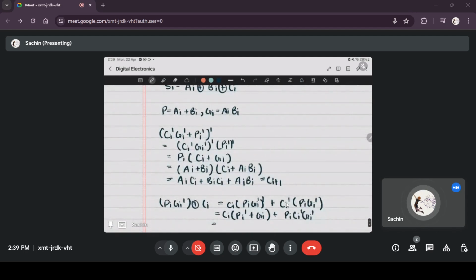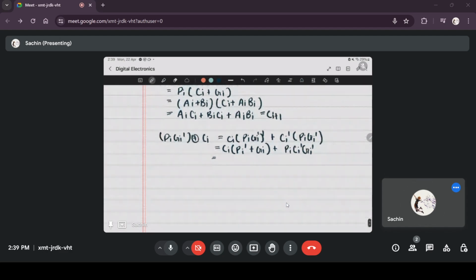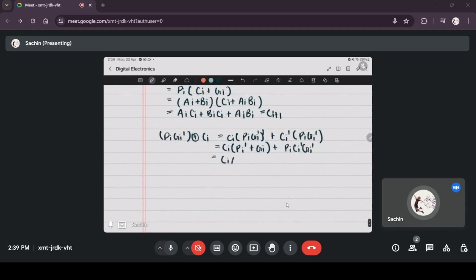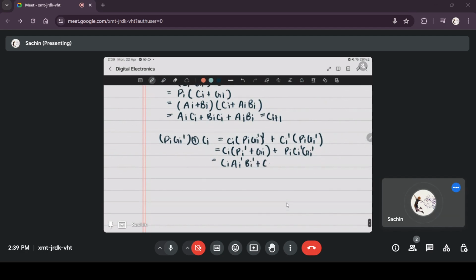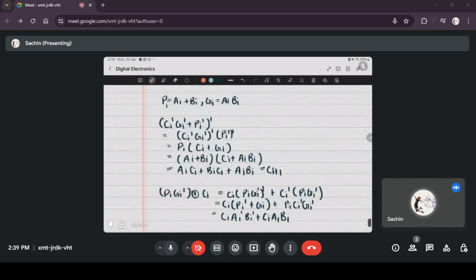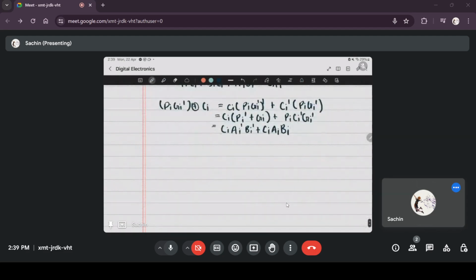Pi complement is Ai complement Bi complement, so Ci into Ai complement Bi complement plus Ci into Ai Bi, which is Ci into (Ai XOR Bi) complement.